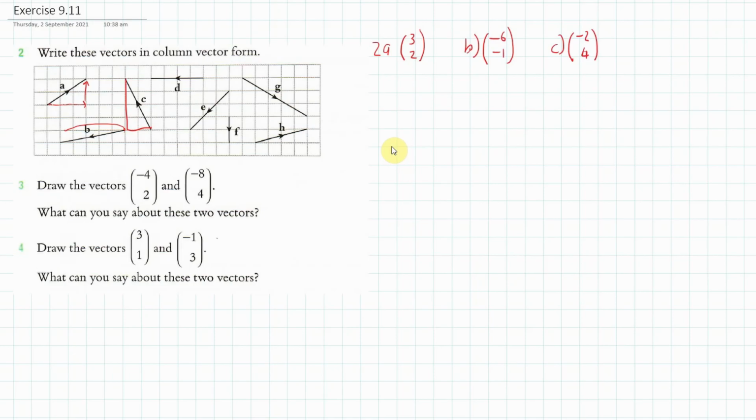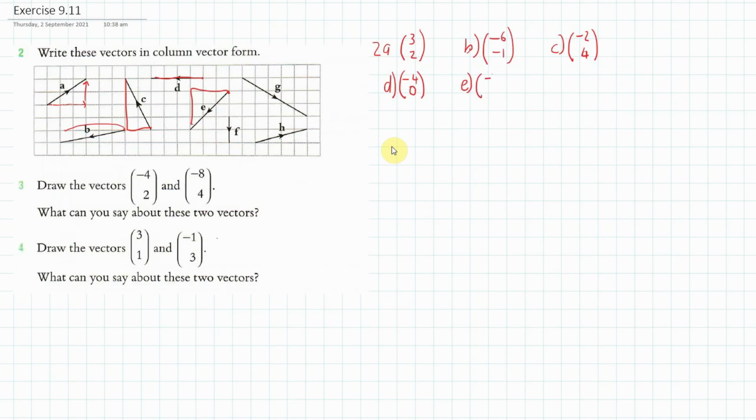Let's look at D. D has gone back 4, and since there's been no change in the y value, we just write 0. E. You can see that E has gone back 3 and down 3.